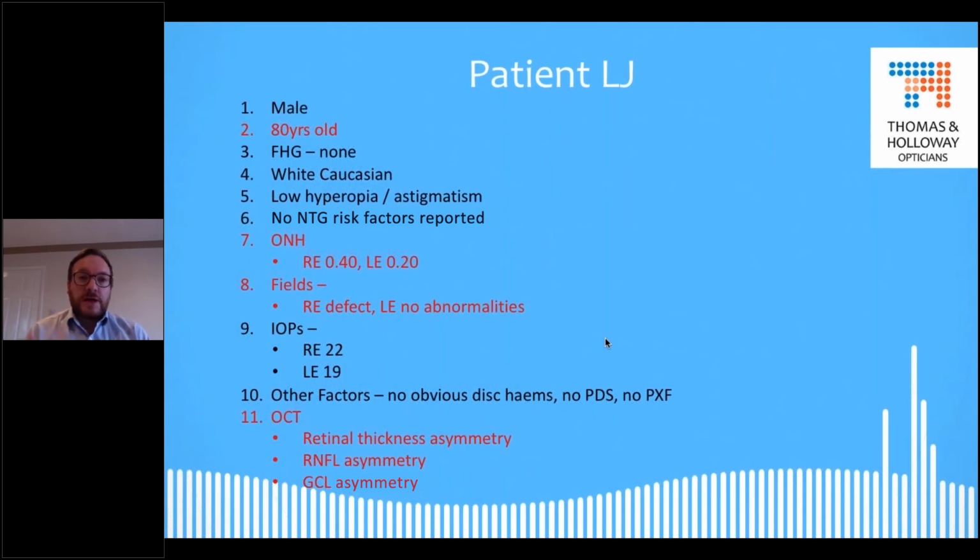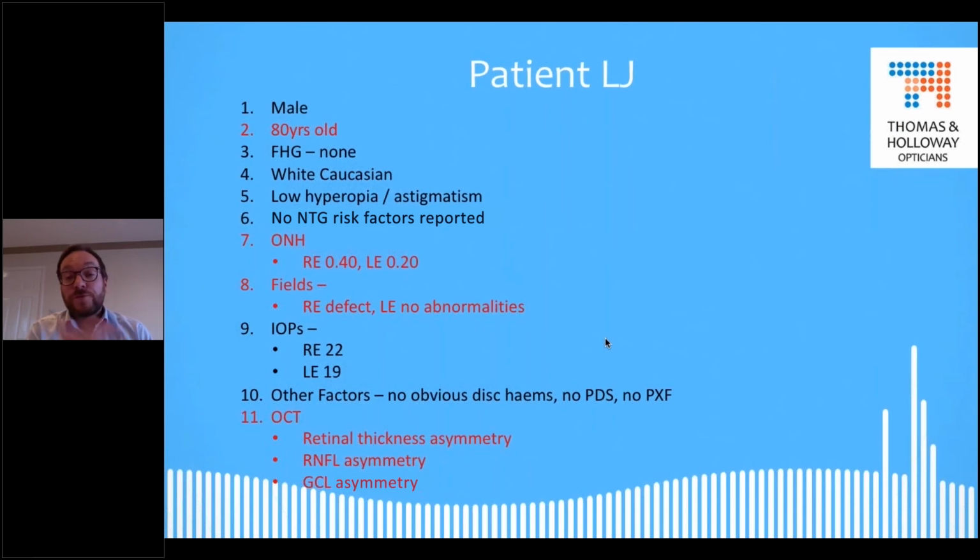Category 2 is where a patient may have 1 or 2 measurements where my ears are pricked up. I'm not totally happy to sign off, but there's no evidence of significant problem or change. Category 3 are those where you've got evidence of progression and change, and enough factors for you to be concerned about glaucoma.